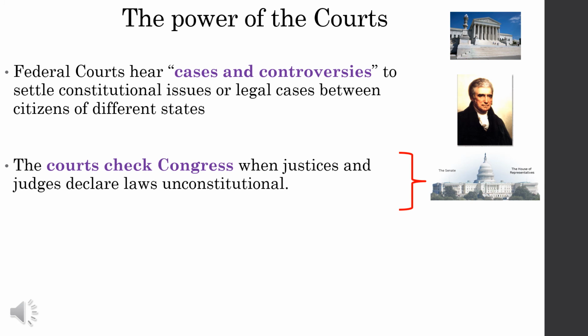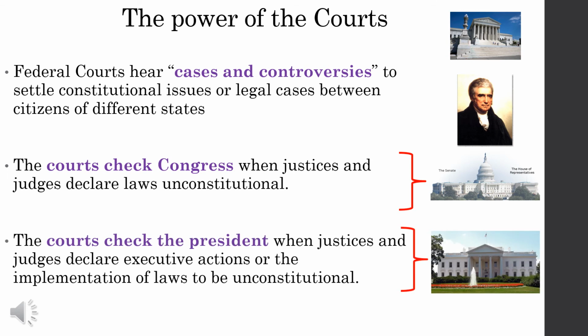The court checks Congress when justices and judges declare laws unconstitutional. Congress, you just passed that law. That law goes against the United States Constitution, and we will not enforce that law in federal courts. And the court checks the president when justices and judges declare executive actions or the implementation of laws to be unconstitutional.